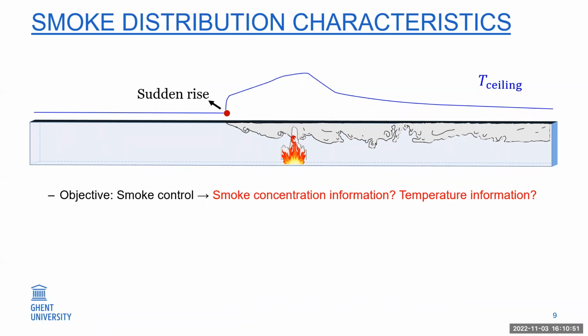But the first question is how to capture the smoke movement information in the tunnel. Normally, we have two different detectors or sensors in the tunnel. For example, the first type is the smoke detector, and the second one is the temperature sensor. However, the smoke detector can only give us information of 1 or 0.